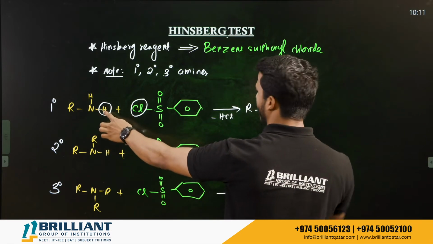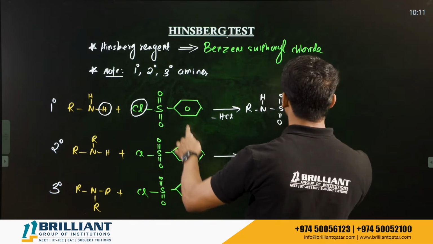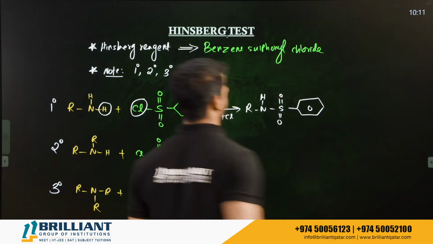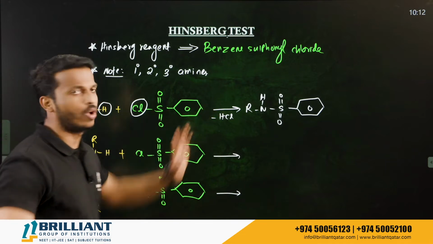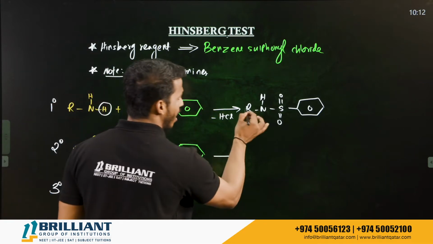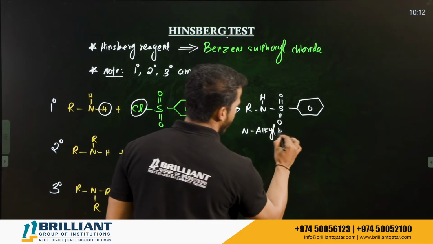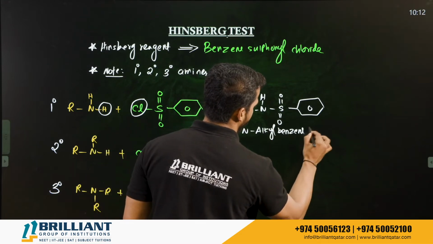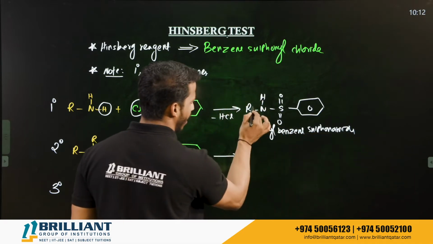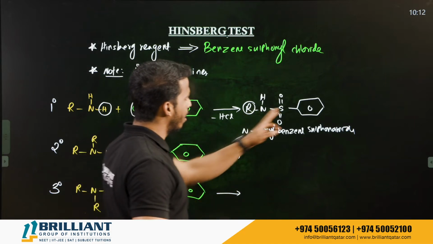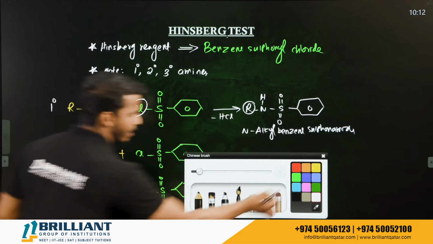RNH, then S double bond O, and a benzene ring, the phenyl ring. This is called N-alkyl because it has an alkyl group on nitrogen. N-alkyl benzene sulfonamide.